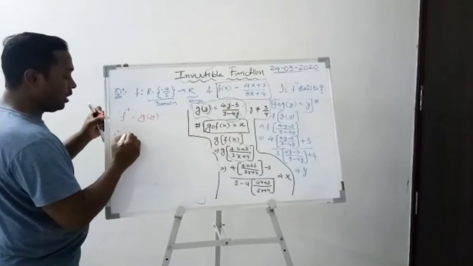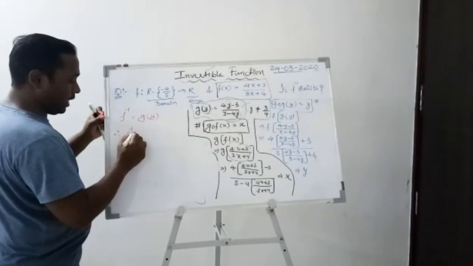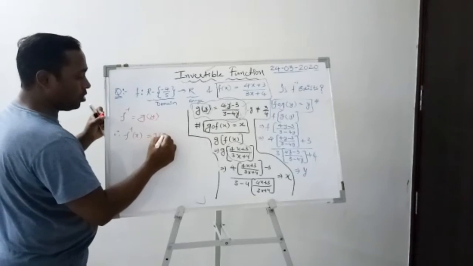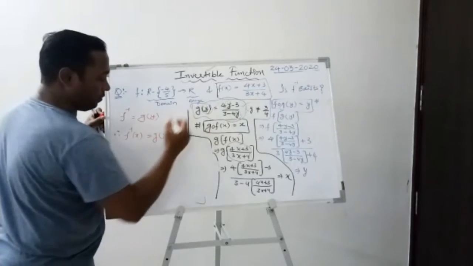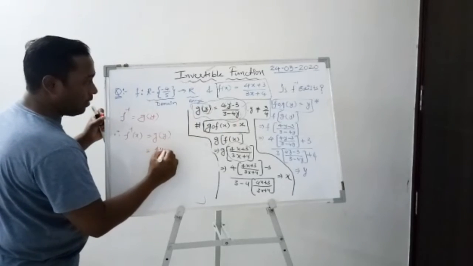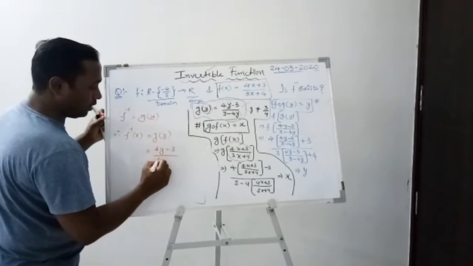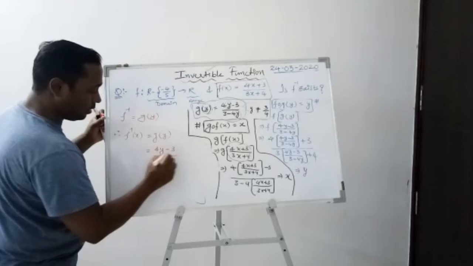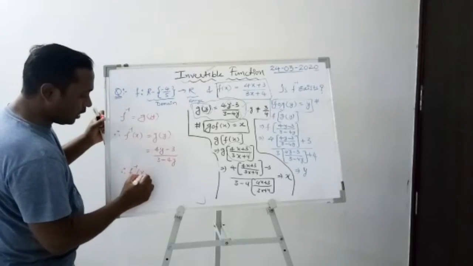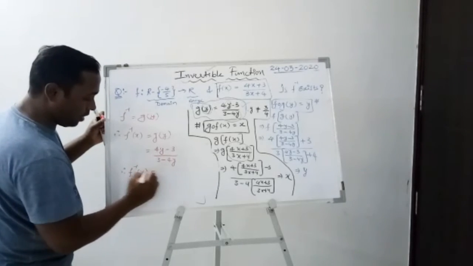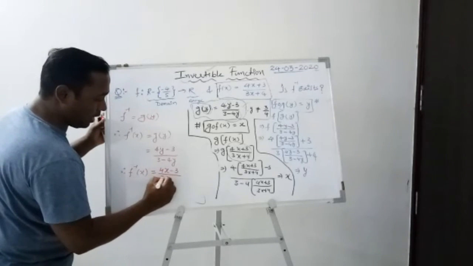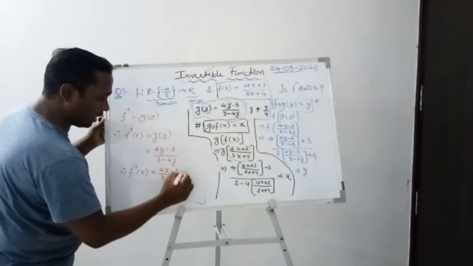So therefore f inverse x, inverse of the function, is nothing but simply the g of y function which we have defined. Hence we can write it as (4y minus 3) upon (3 minus 4y). Otherwise, you may also write the inverse of the function in terms of x. So f inverse x can also be written as (4x minus 3) by (3 minus 4x).